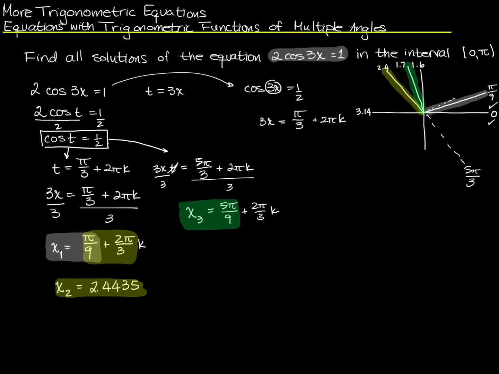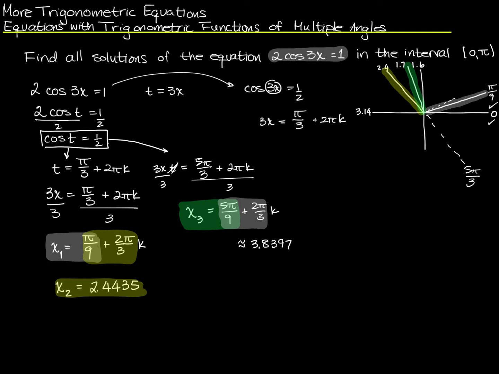And the next solution based on this solution would be when k was 1. So that would look something like this: 5 pi over 9 plus 2 pi over 3. As a decimal, that's about 3.8397. And that's bigger than 3.14. So that's down here somewhere.